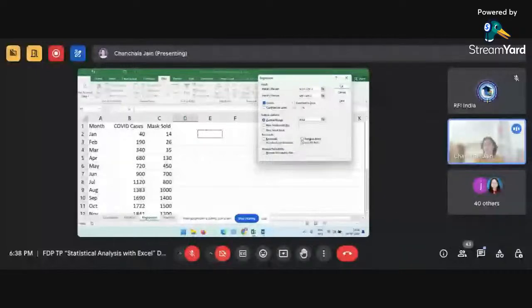So here you can select the residual plots and the normal probability plots. I think these two are sufficient for the regression to perform or to summarize. So you can select the residual plots and the normal probability plots. Done. May I click on OK? Yes, yes. Yes, ma'am.